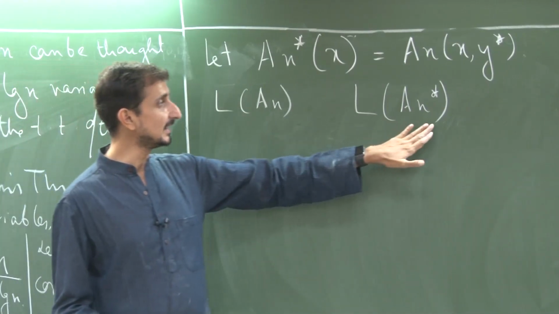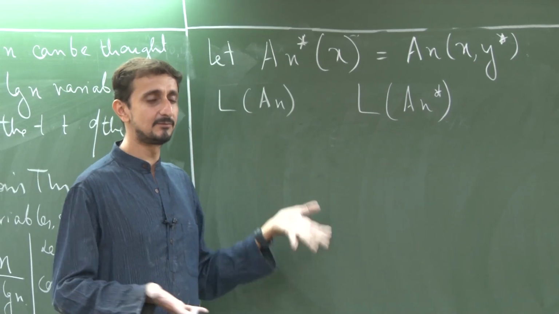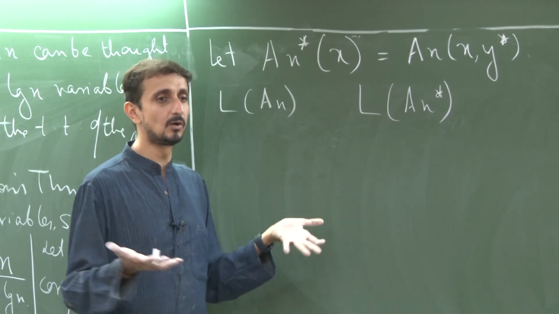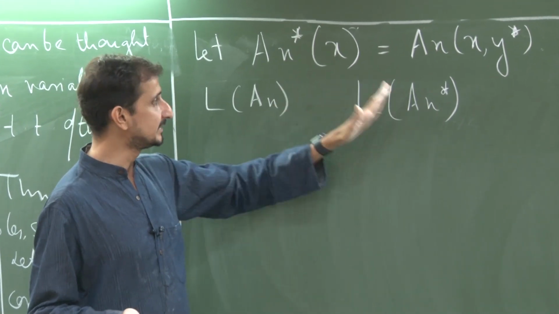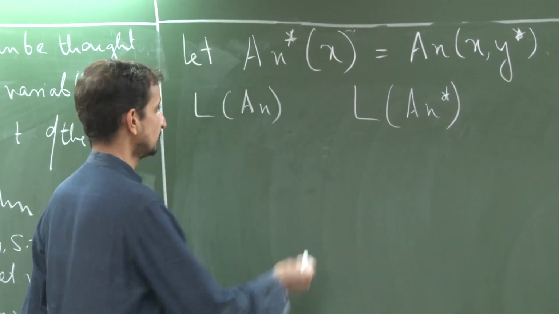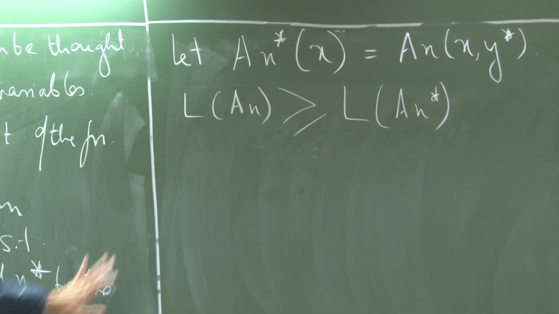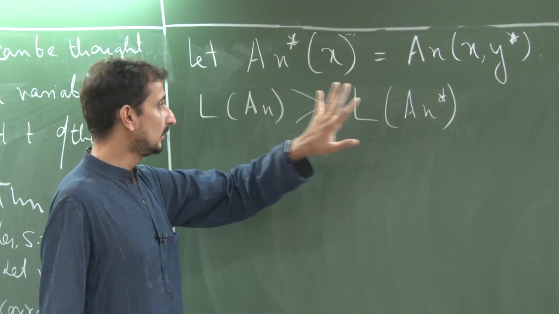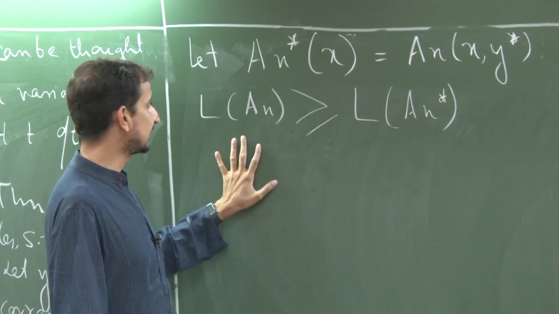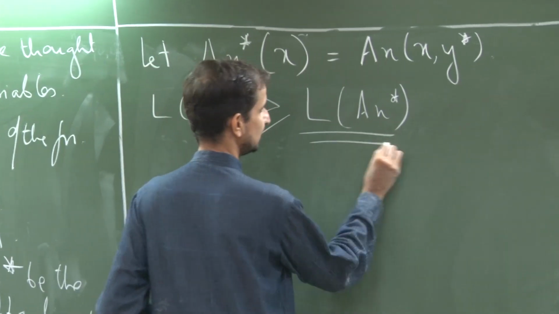Exactly. So, this is a restricted function. This is nothing but a restriction of A n, and we saw that any restriction has a lower formula complexity, for obvious reasons: here I have 2n bits, here I have n bits. So, this is clearly greater than or equal to this. In other words, if I am able to give a lower bound on the formula size of A n star, I will get a lower bound for A n as well. So, from now on I will only focus on this function.